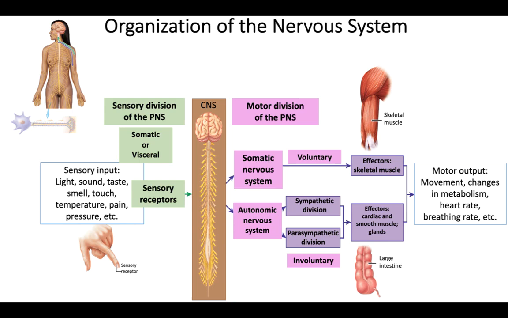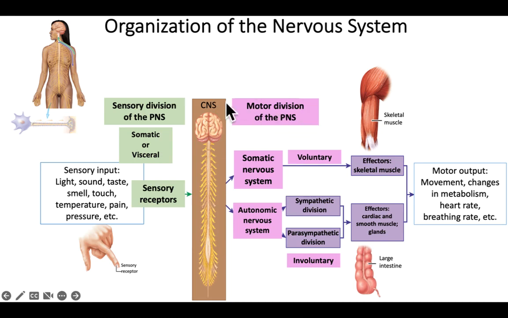So the sensory division, you can think of it as somatic or visceral. Somatic, again, being more consciously aware, special senses and things on your skin. And then visceral means internal organs. All that goes into the CNS. Again, sometimes it uses a cranial nerve, sometimes it uses spinal nerves.